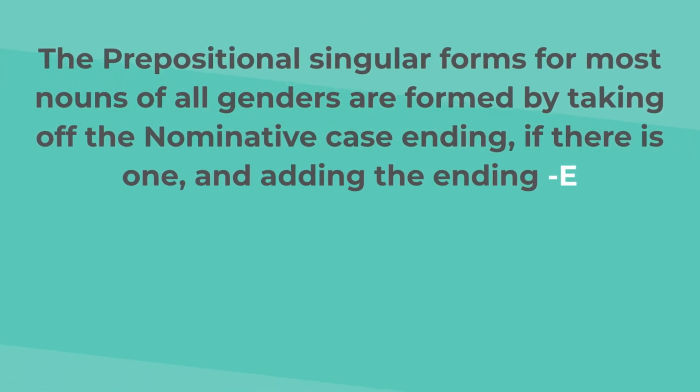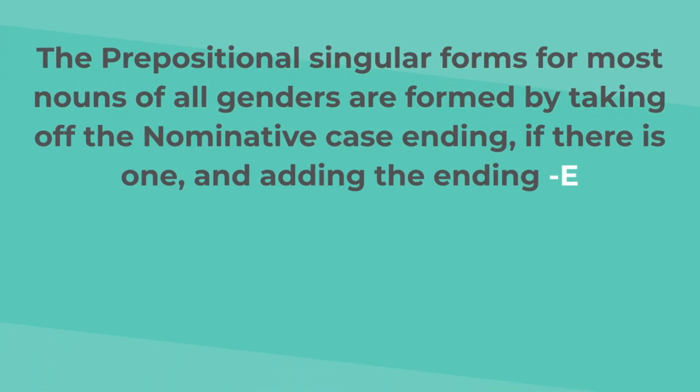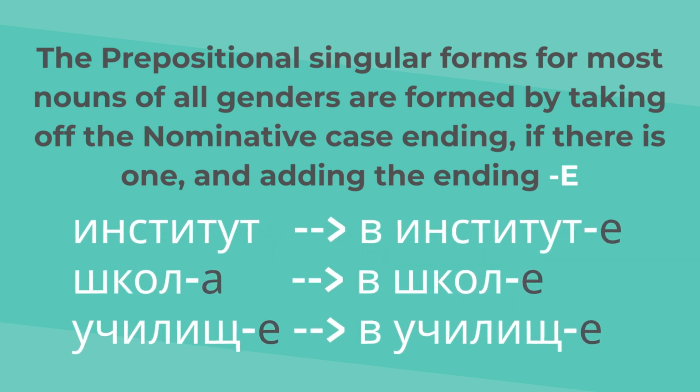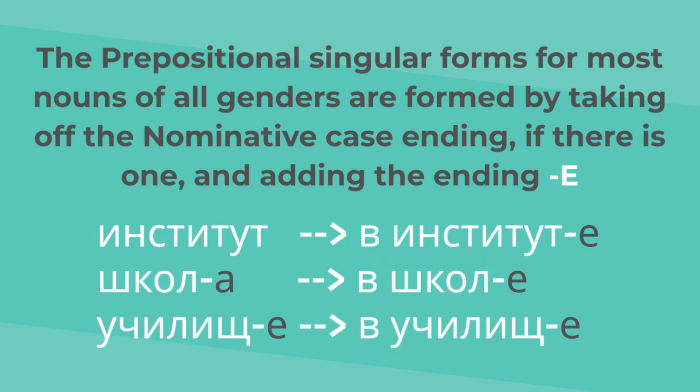The prepositional singular forms for most nouns of all genders are formed by taking off the nominative case ending, if there is one, and adding the ending «е». Институт, в институте. Школа, в школе. Училище, в училище.